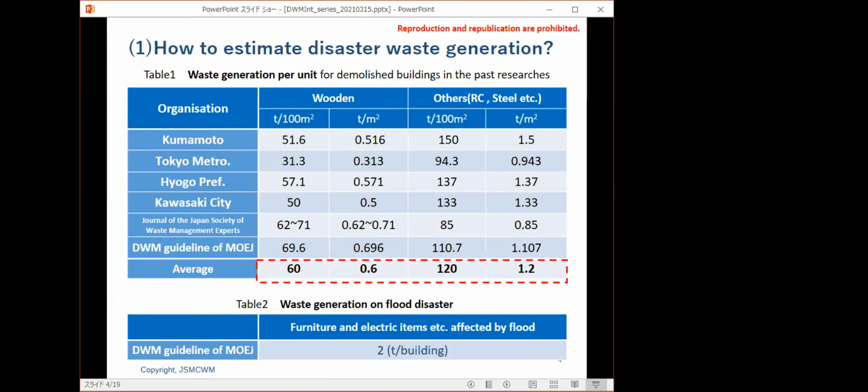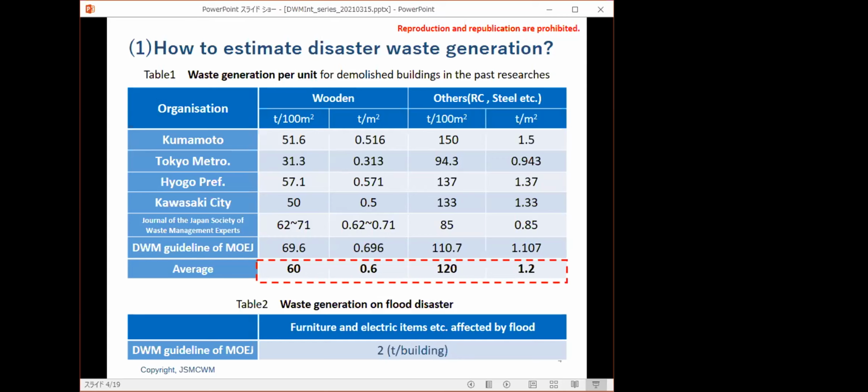And please look into Table 2. Here is the waste generation number for flood disaster. In a flood disaster, buildings are mostly not damaged compared with a heavy earthquake.